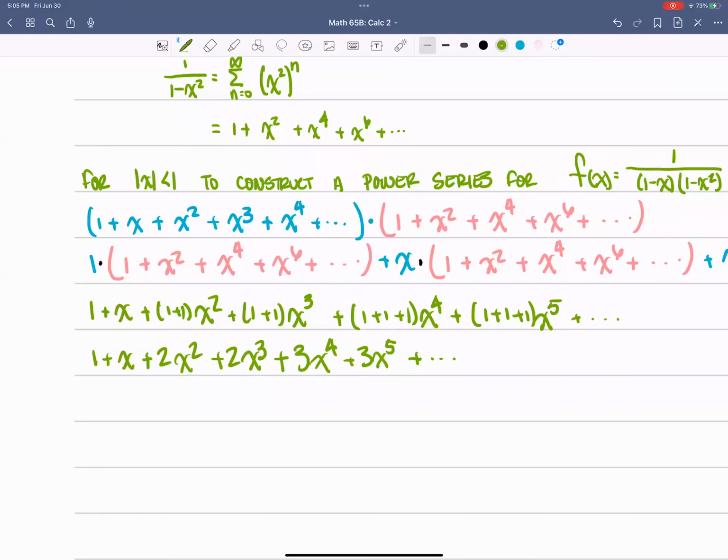So what I think it is, I think we have n times 1 plus x, or we could say, what is that going to be? N times x to the power of n minus 1 plus x to the power n.